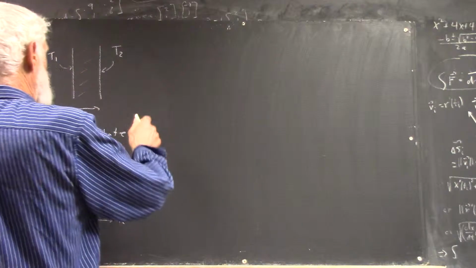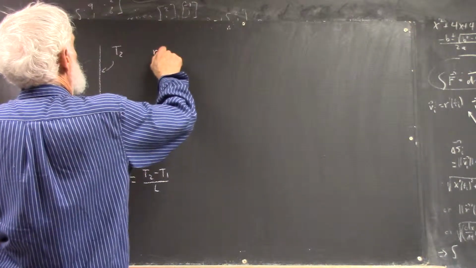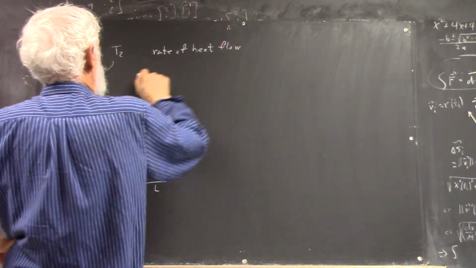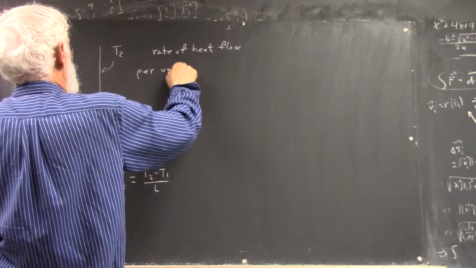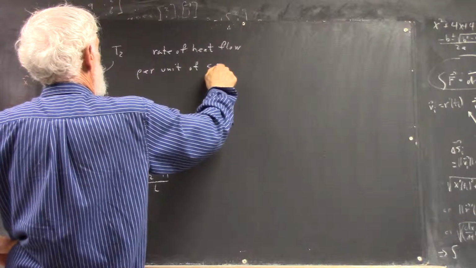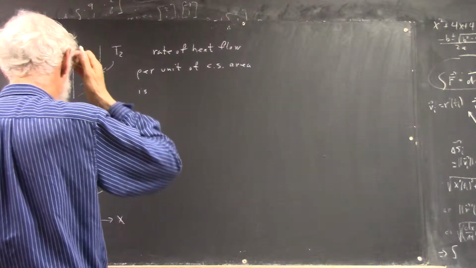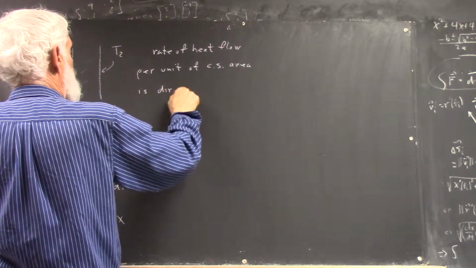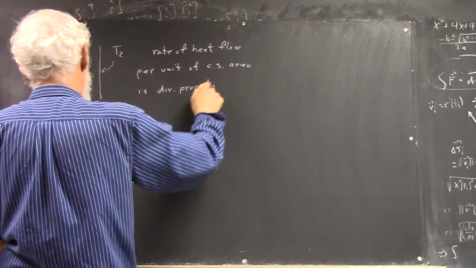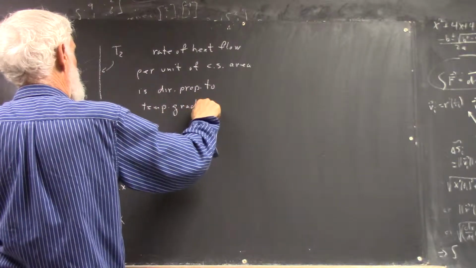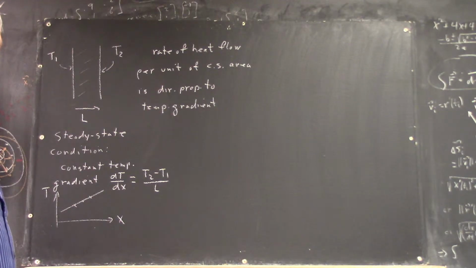Now, the rate of heat flow per unit of cross-sectional area is directly proportional to the temperature gradient. Okay?